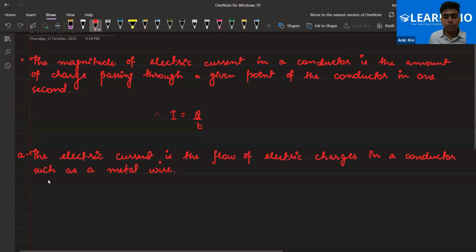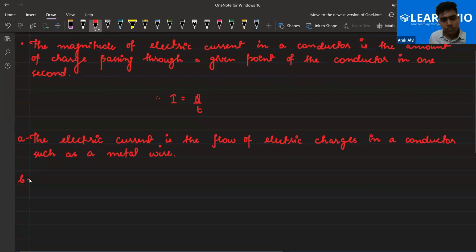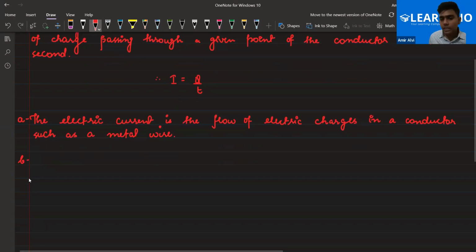Am I clear to all of you? Please do let me know. Yes. Okay. And the SI unit of current would be ampere. Okay, the SI unit of current would be ampere.